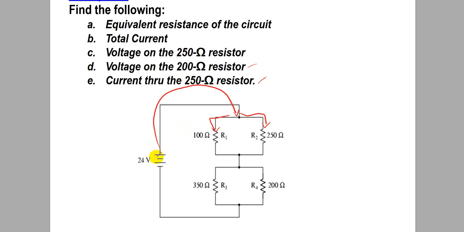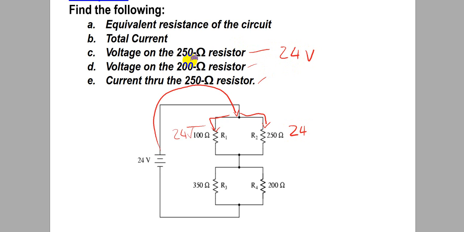So for this one, since the voltage goes to this one, it has not dropped anything yet. So in this case, it will still be 24. Nothing changed yet. So 24 volts for these two.